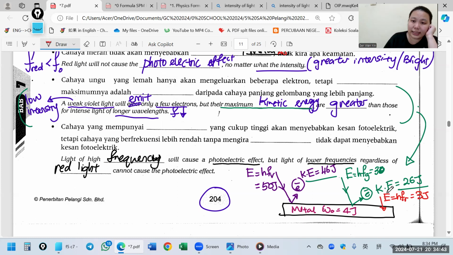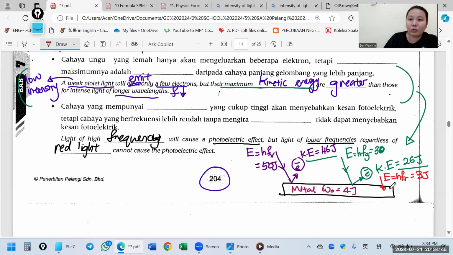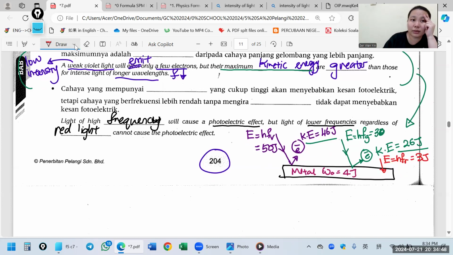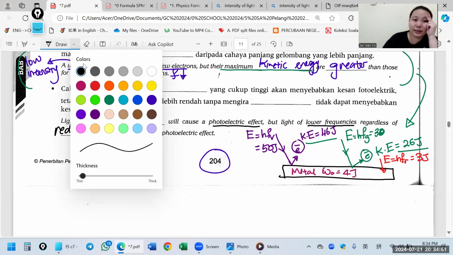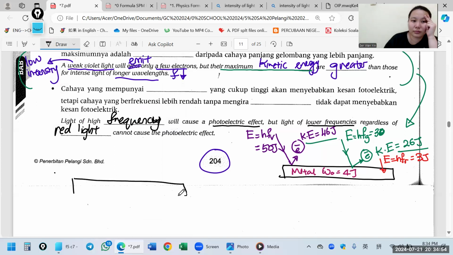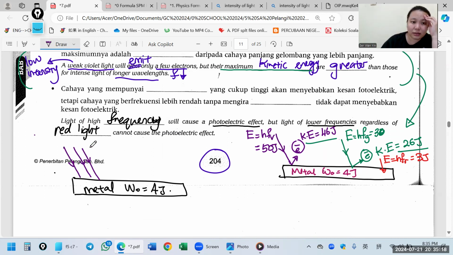Okay, so then intensity of light will cause what? So we can say metal with work function, minimum energy needed to be absorbed to break bond, 4 joules. Okay, so we can draw like this. This is low intensity, one only. So high intensity is like more bright.